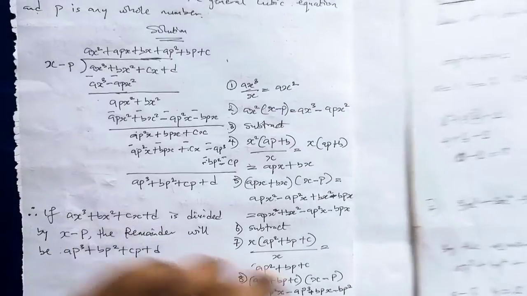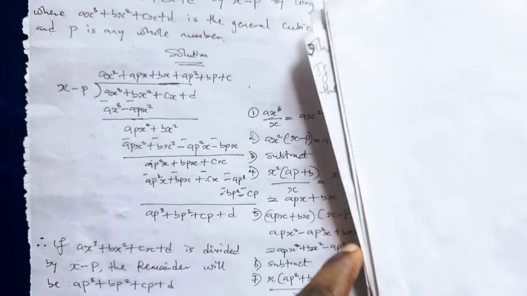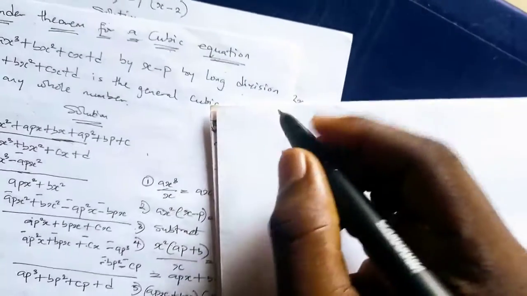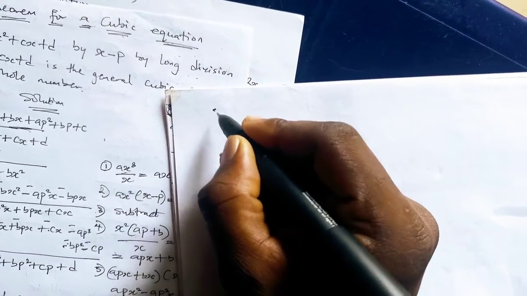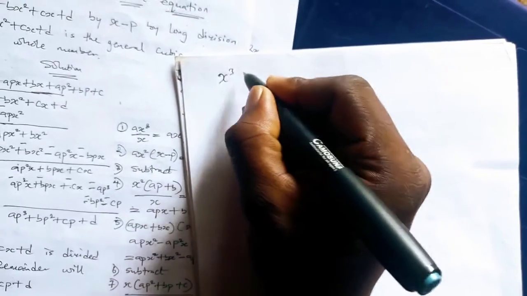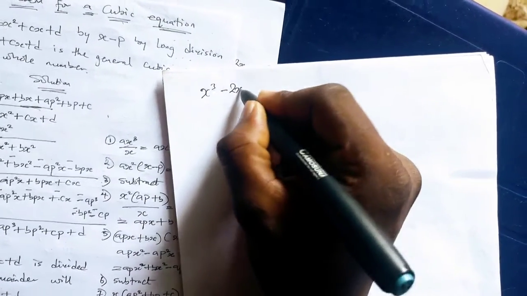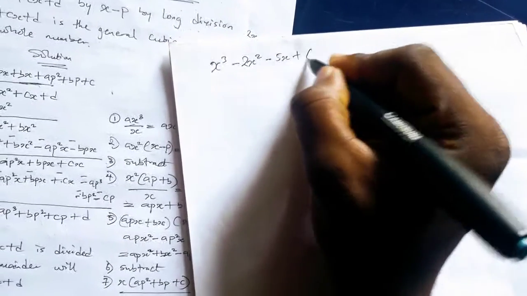Now we can take one last example where the remainder is 0 to really get what we are trying to see. And if you have watched my video on the factor theorem, you will discover that I use this same example in solving for the factor theorem, which is x cubed minus 2x squared minus 5x plus 6.